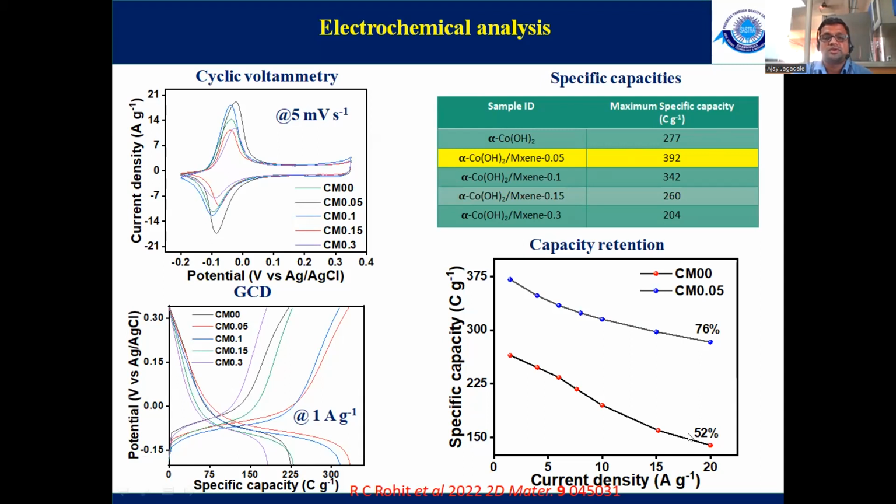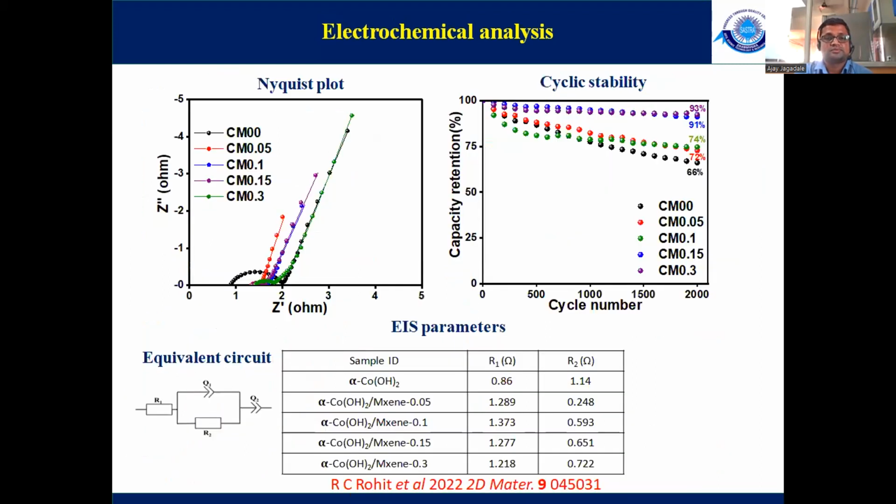Because for pristine alpha cobalt hydroxide, the rate capability was only 52%. But when the surface got modified, the rate capability increased up to 76%. And higher rate capability is always preferred for fabricating high power performance supercapacitors.